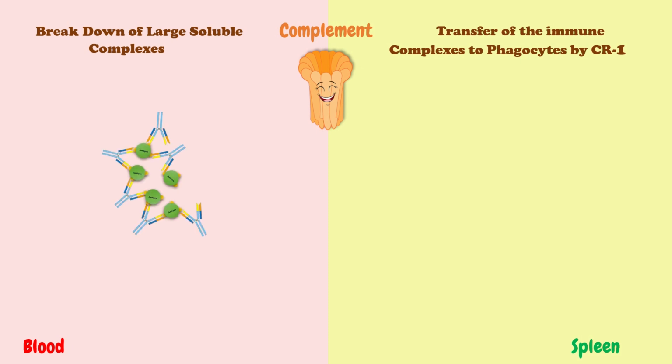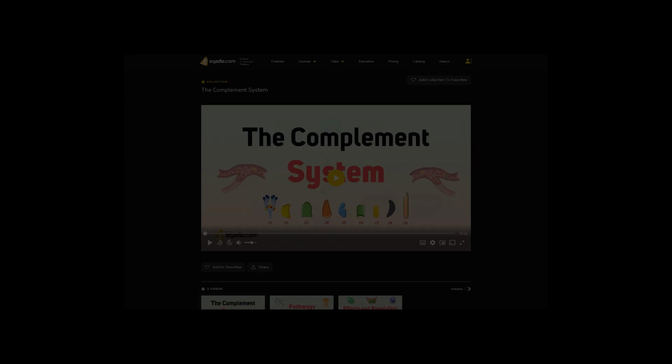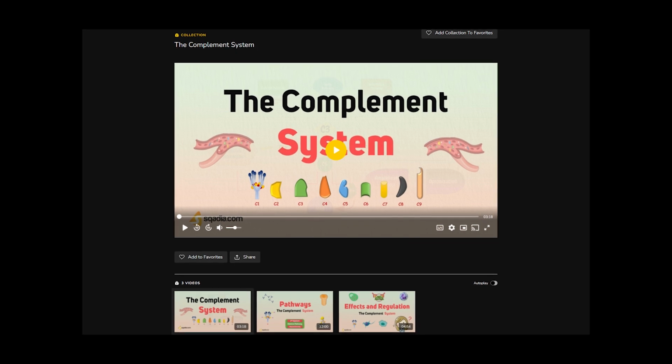Immune complexes of antigen and immunoglobulin contain high numbers of immunoglobulin Fc in close proximity. Fc, if you remember, is the constant region of antibody. It binds and activates the complement C1 through the classical pathway. We have described the classical and the alternative pathways in detail in our video on the complement system.